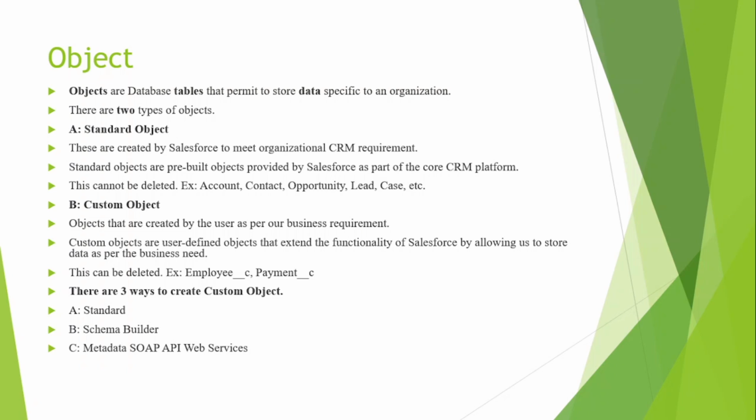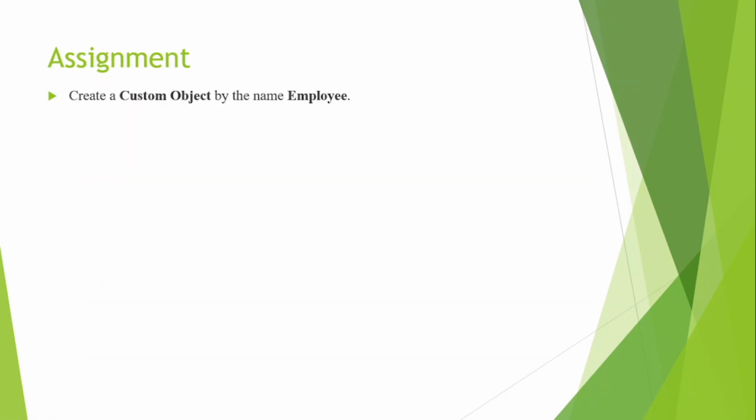Later we will see how to create a custom object by schema builder and metadata SOAP API. Any standard object does not hold double underscore c, but all custom objects must have double underscore c at the end. For today's assignment we are going to create a custom object by the name employee.